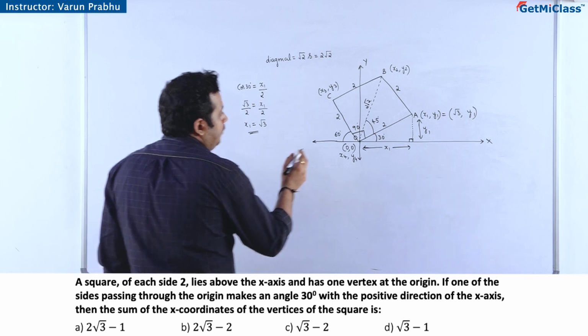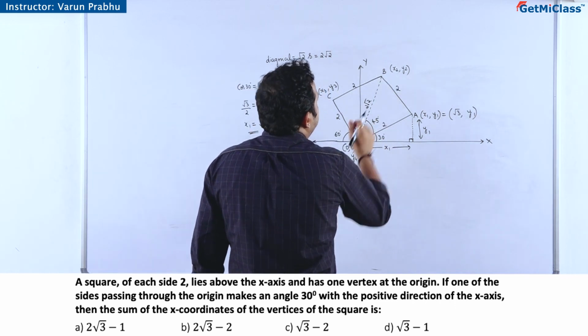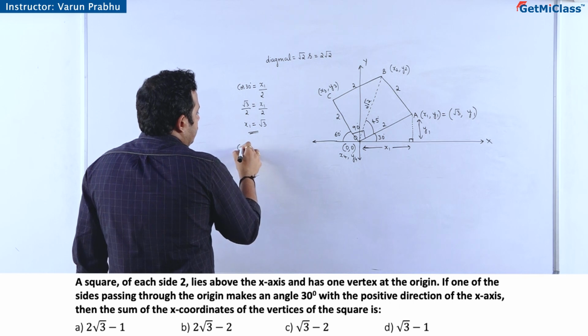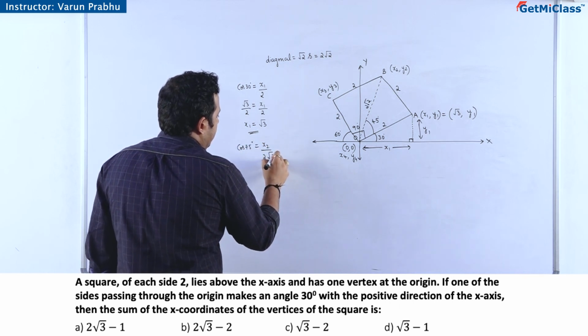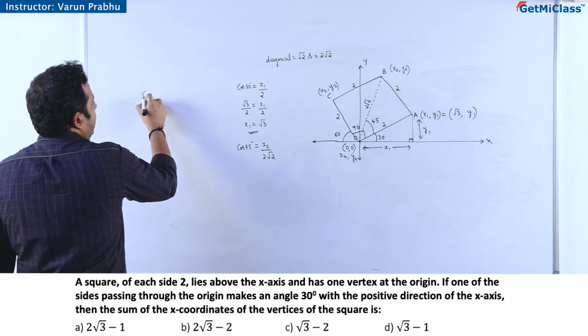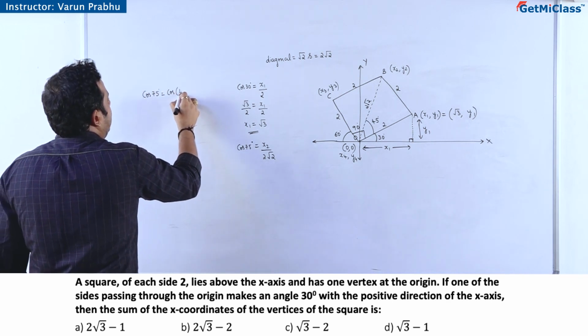Similarly, if you consider this point x2, cos of 75 degree is equal to x2 divided by 2 root 2, correct? What is the value of cos 75 degree? Cos 75 can be written as cos of 45 plus 30.